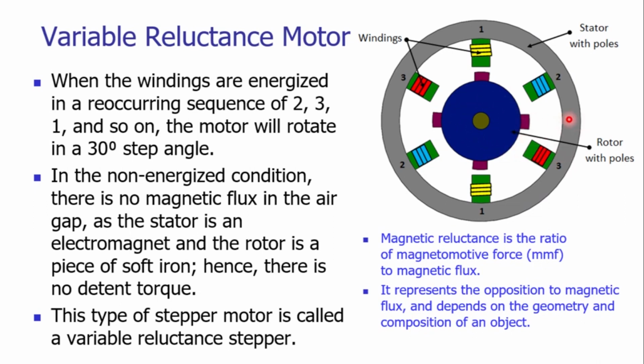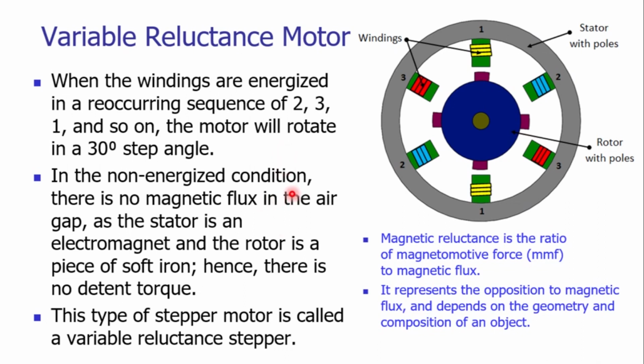There is a rotor-stator arrangement in the construction. The rotor also has poles. On the rotor we can see there are 4 poles. The stator poles have electrical windings, and when we energize them in a sequence of 2, 3, 1 and so on, the motor will rotate in steps of 30 degrees step angle.